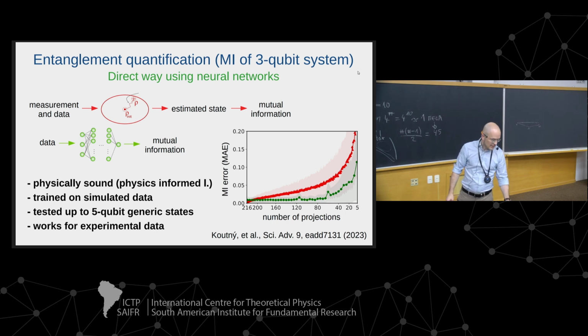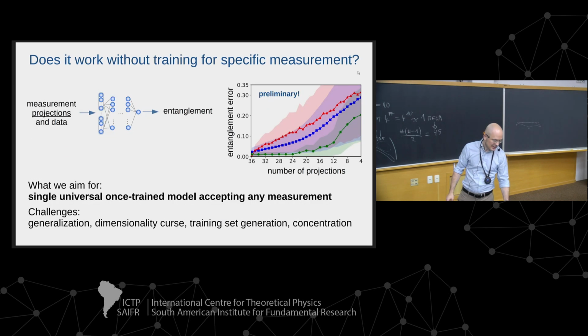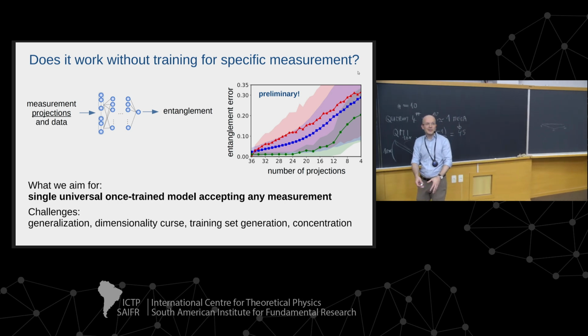And this is something which is not sufficient for us. What we want is a single model, a single neural network, if you want, which can process an arbitrary measurement, to start with.